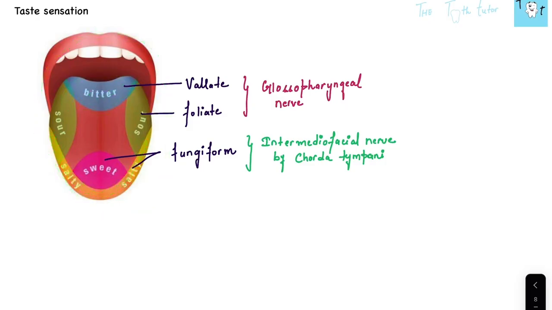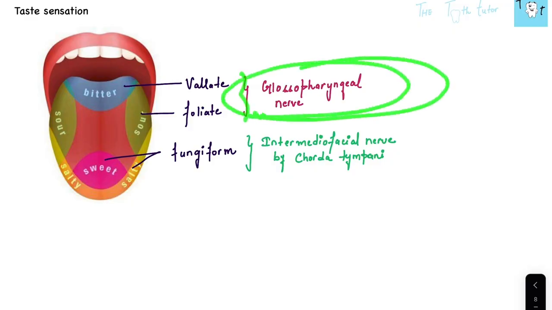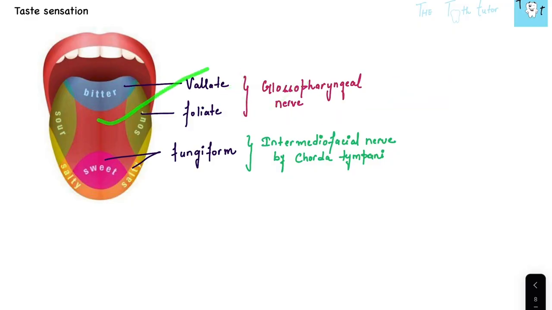Now, how does this correlate with our papillae? The theory suggests that we detect bitter taste through vallate papillae, sour through foliate papillae, and sweet and salty through fungiform papillae. It is not entirely accurate, but we also know that the vallate and foliate papillae are supplied by the glossopharyngeal nerve, the posterior part.